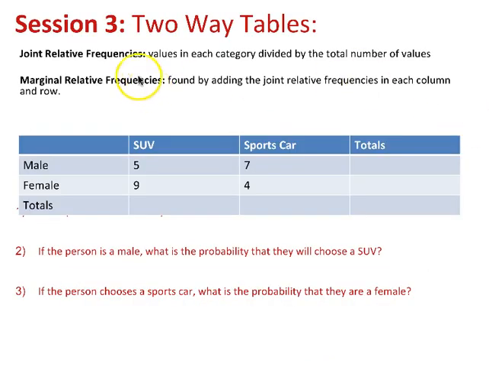So when we give in two-way tables, one thing that we can calculate is the joint relative frequencies. And the joint relative frequencies are the values in each category divided by the total number of values. So remember, the total number of values we just found is 25. Whoops, no, actually not. Ignore that for a second. It was 25.